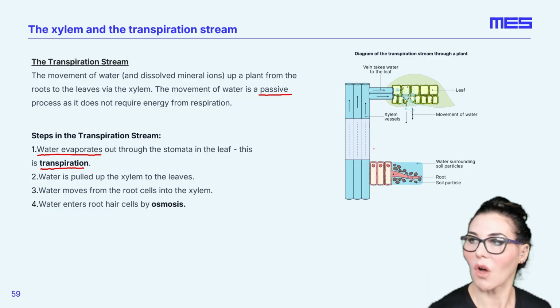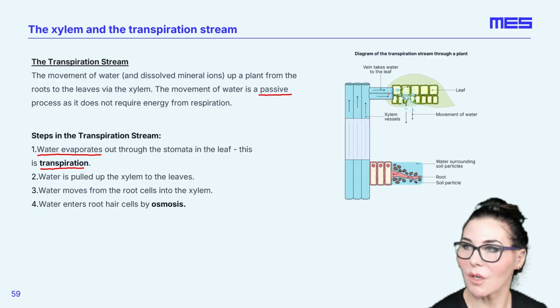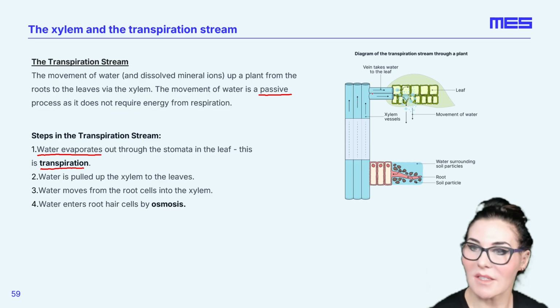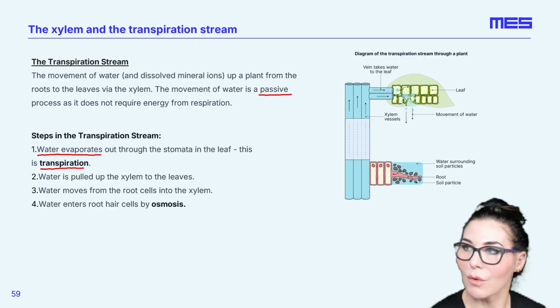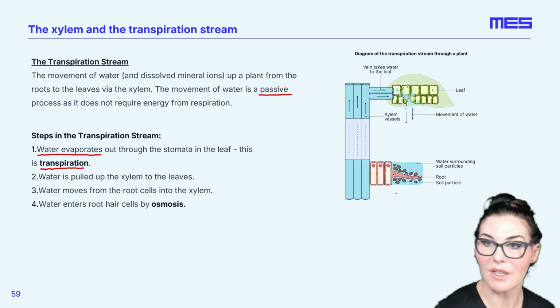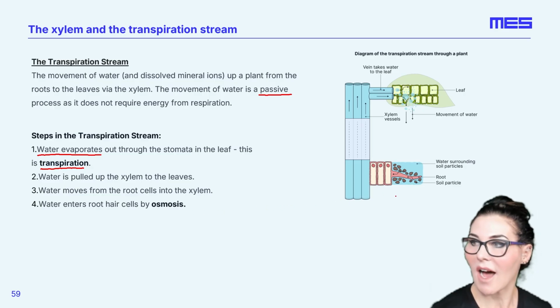When that water is lost, you can see it here in the diagram, the water that's lost in the leaf is replaced by more water from the xylem tissue in the leaf. And in turn, that pulls water from the xylem in the stem. So this pulling of water up the xylem and through the leaf happens because of evaporation of the water through the leaf surface. At the same time, water is continuously entering the plant at the root.